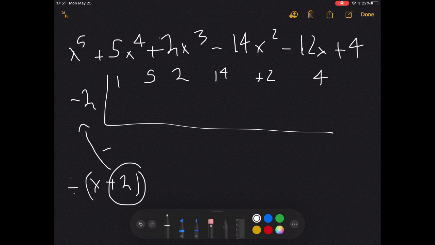So because it was x plus 2, we use -2. We drop down the first coefficient and we multiply that. When we multiply -2 times 1, it's -2, and we put it under the next one and we add that. And then we multiply the bottom coefficient and we continue the process until we're finished.